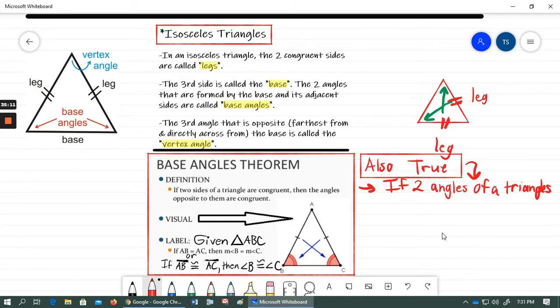If two angles of a triangle are congruent, so what are they talking about? Now they're saying if you've got two congruent angles in a triangle, and you know that two angles in a triangle are congruent, what's also true is that the sides opposite of those two congruent angles are congruent.